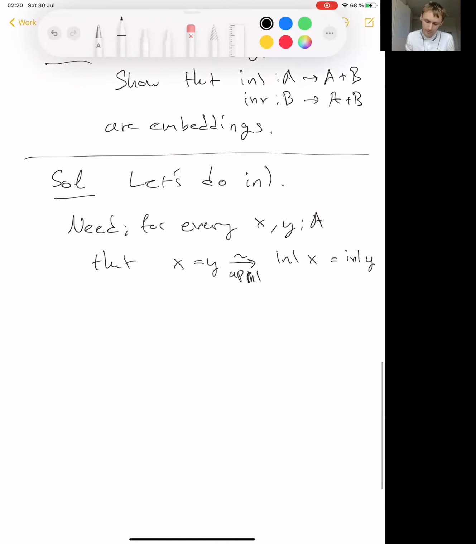So now how do we prove this? Well, let's forget about app for a while and just focus on the types, okay?